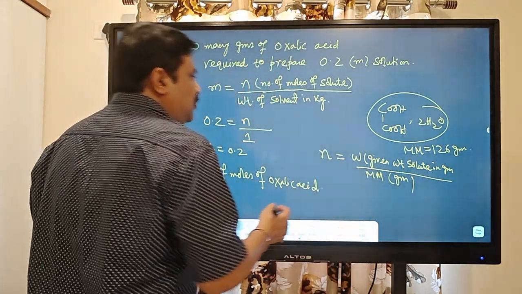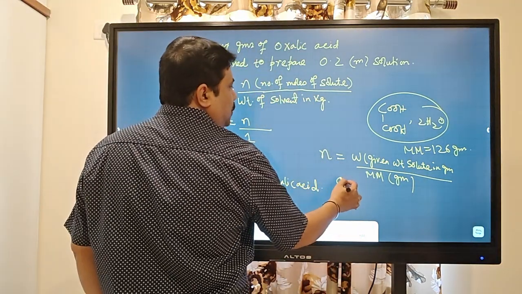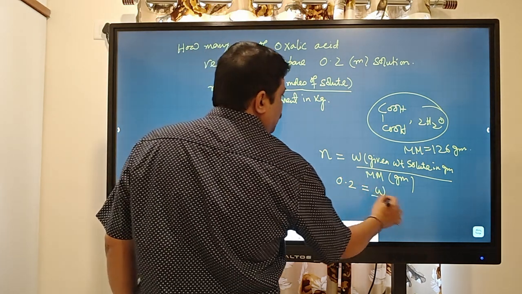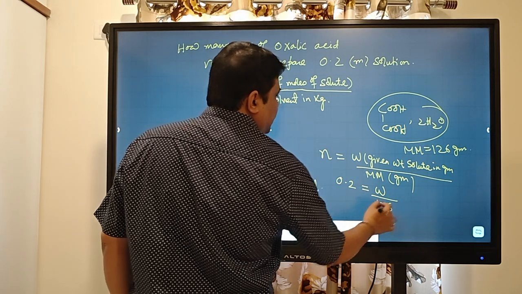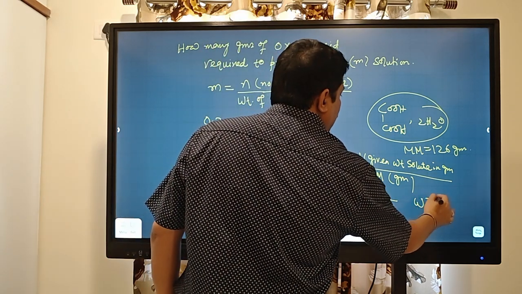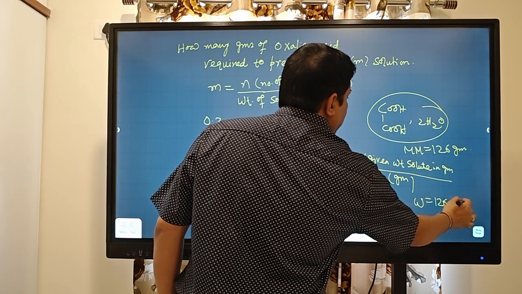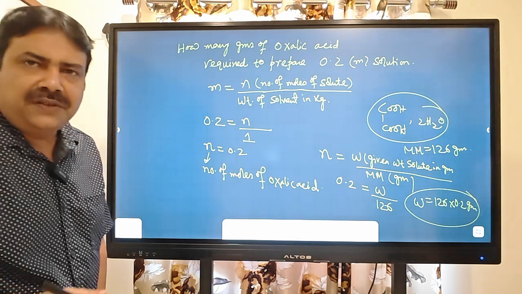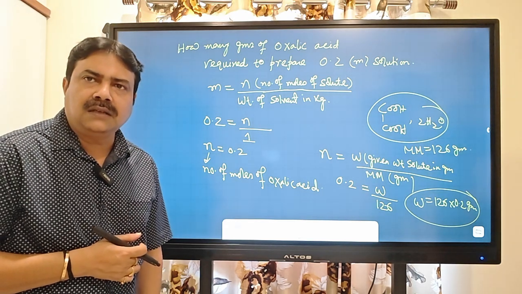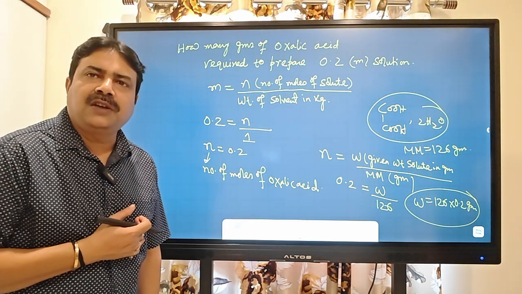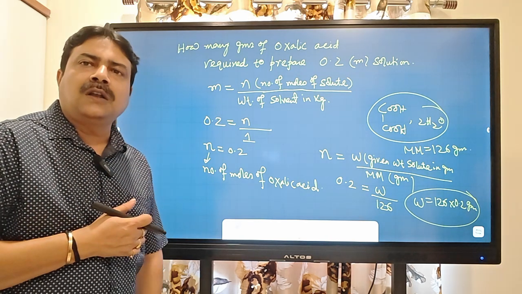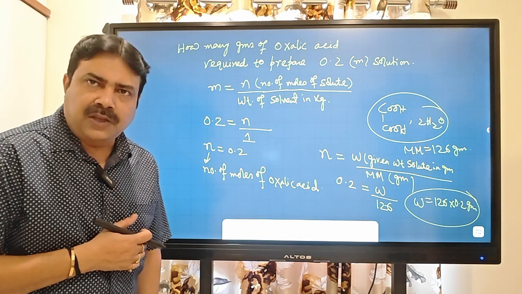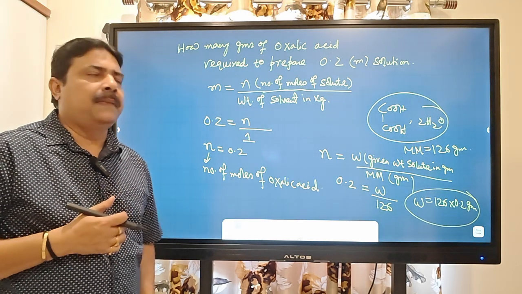Now the number of moles of oxalic acid is 0.2, the given weight W of oxalic acid I need to find out, and the molar mass of oxalic acid is 126, so W equals 126 into 0.2 gram. You can simplify it, 126 into 0.2. Is it clear or not? That many grams of oxalic acid are required to dissolve in 1 kg of solvent to prepare a 0.2 molal solution. I hope everybody understood this idea.